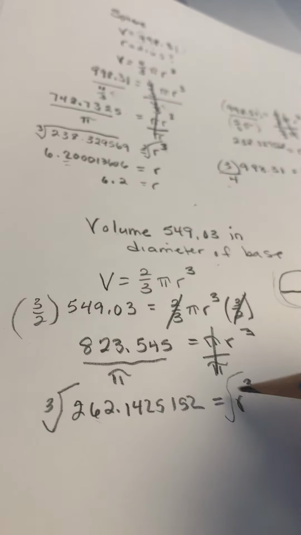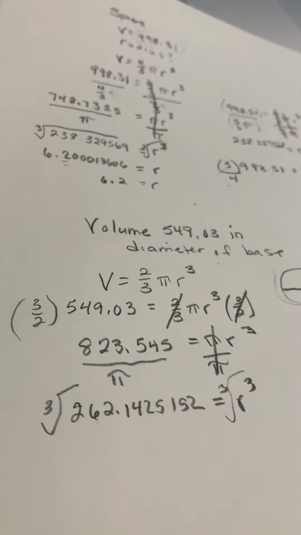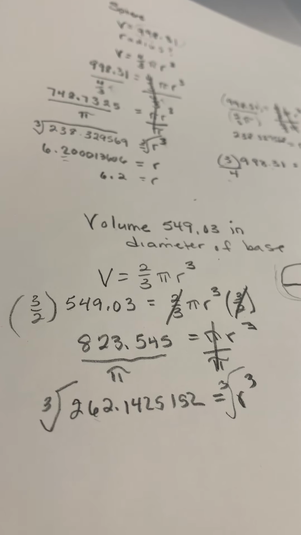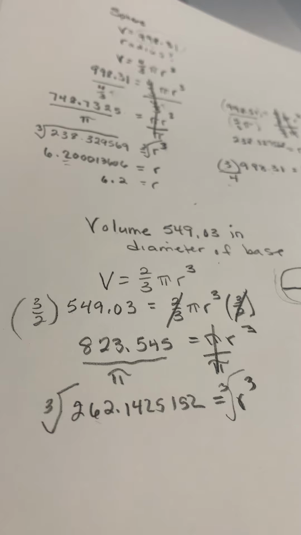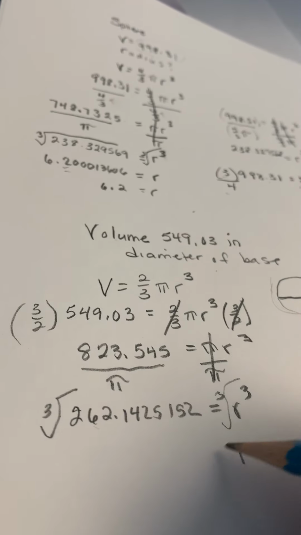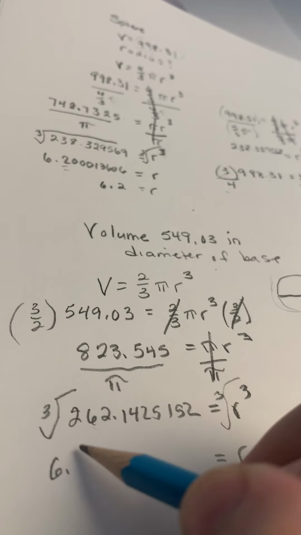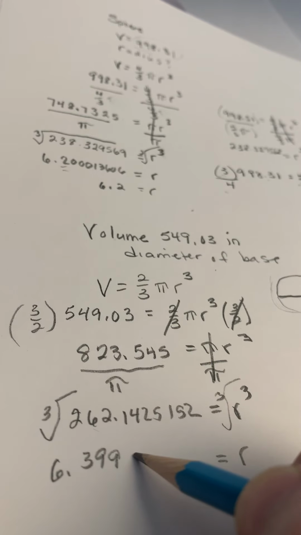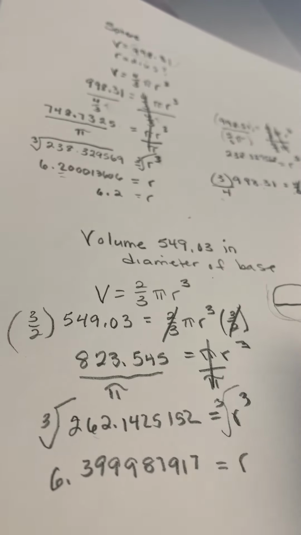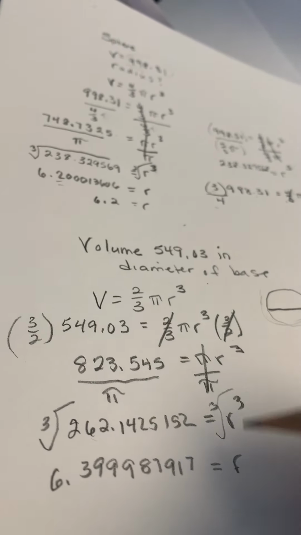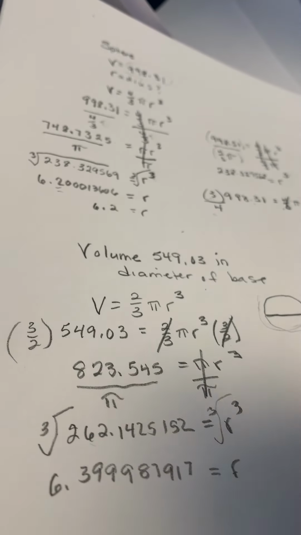So we need that little 3 in there, right? So we're going to take care of the cube root, and we're going to get a radius of 6.399987917.